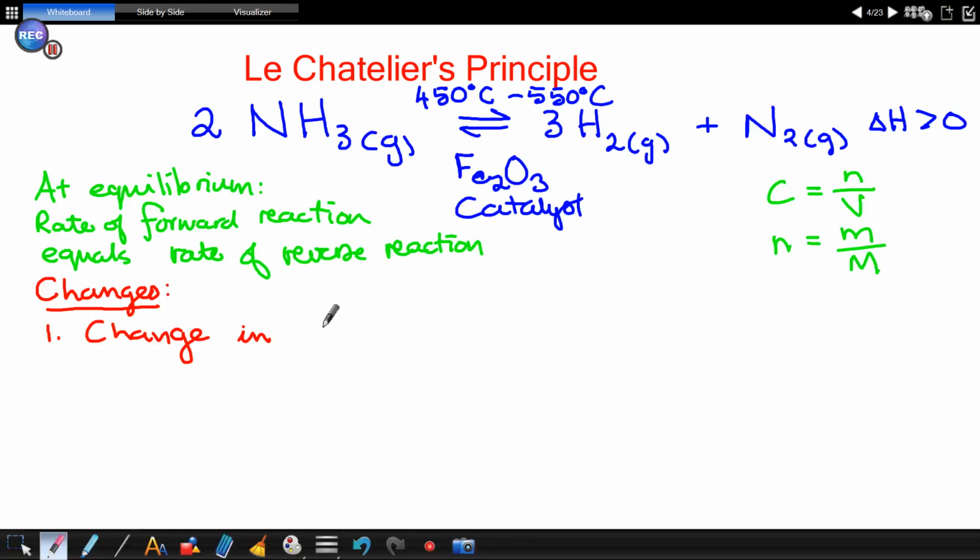Let's make it a spontaneous one. Do you want to change ammonia's concentration, hydrogen's concentration, or nitrogen's concentration? Ammonia's concentration. What do you want to change it to? Do you want to increase it, or do you want to decrease it? Increase.